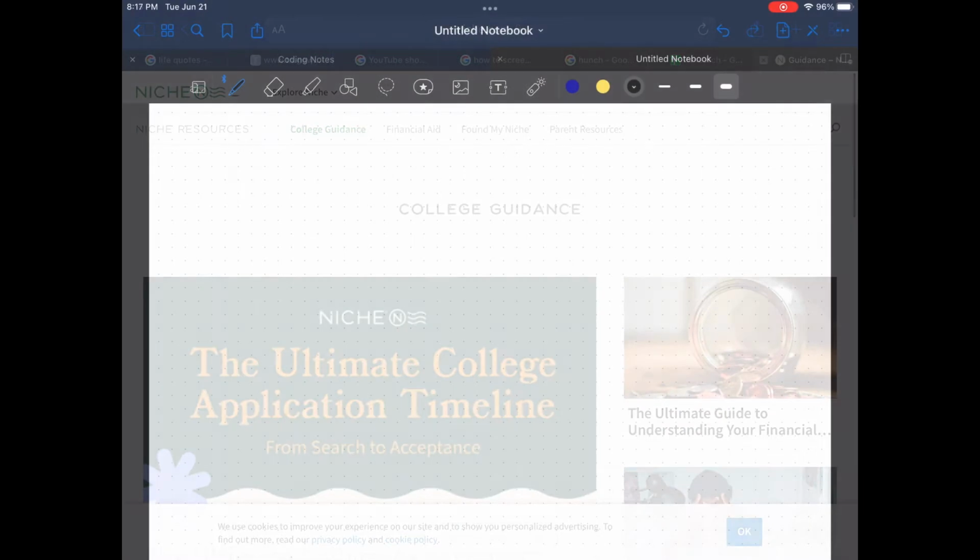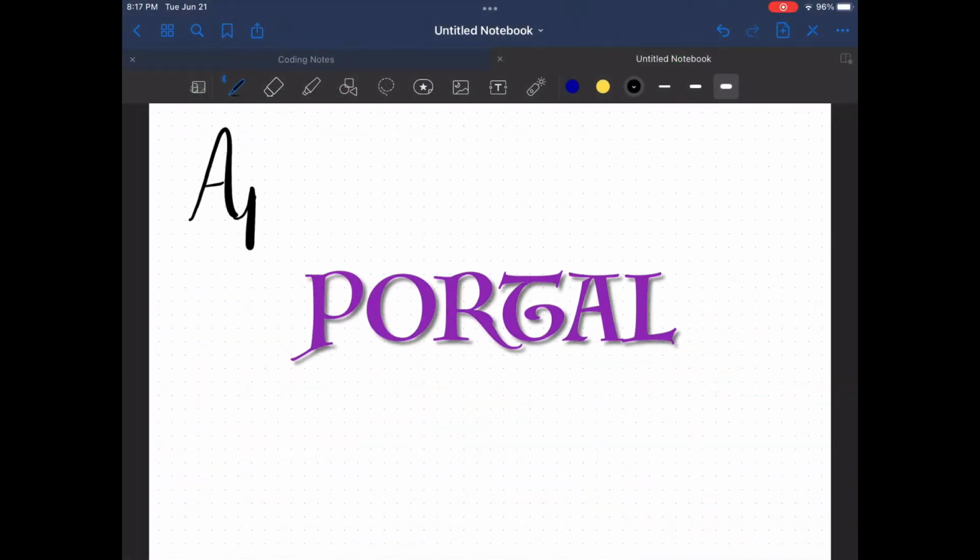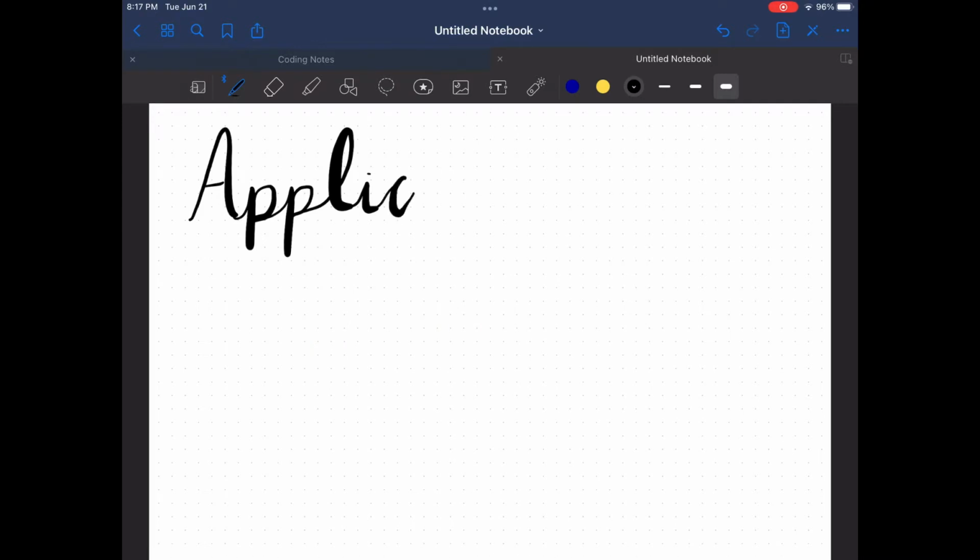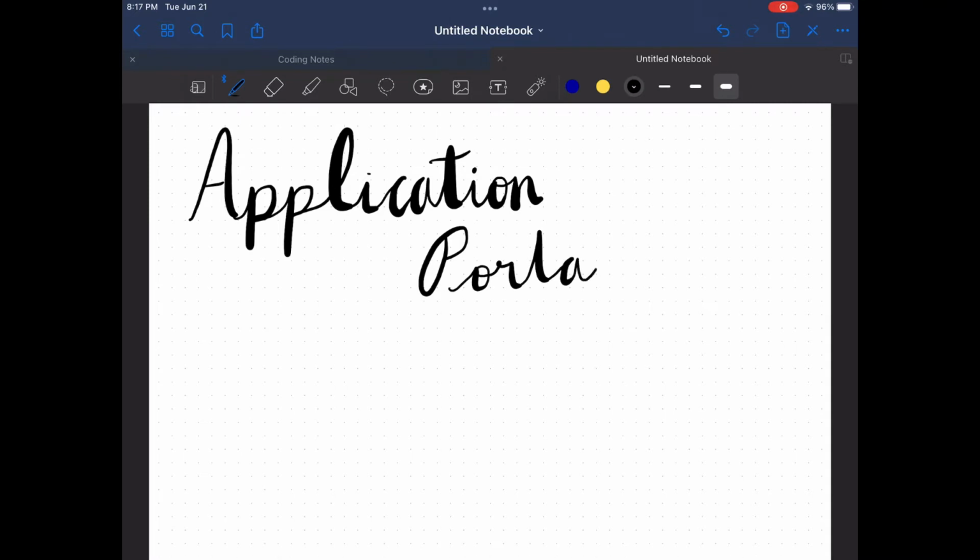The next thing I'm going to be talking about is the application portal. This part is going to be a little bit more on the informative side, and you'll probably have to search for it. When you're applying to a college, you'll usually have to apply through some sort of portal. The one I usually used was the Common App.